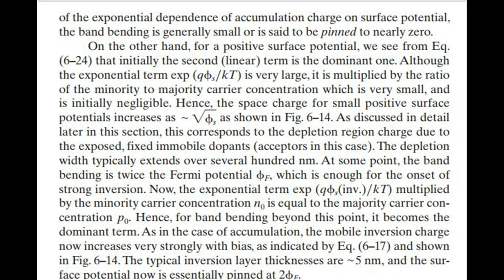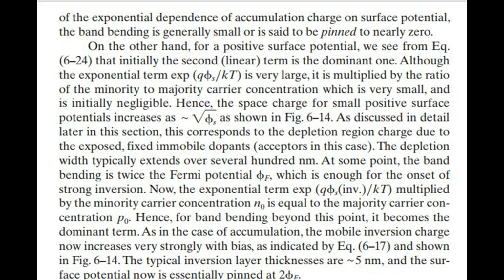At some point, the band bending is twice the Fermi potential ψF, which is enough for the onset of strong inversion. Now, the exponential term exp(qψs/kT), multiplied by the minority carrier concentration n0, is equal to the majority carrier concentration p0.